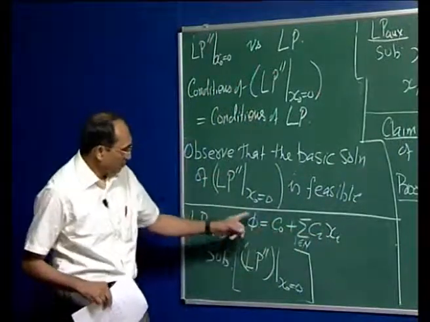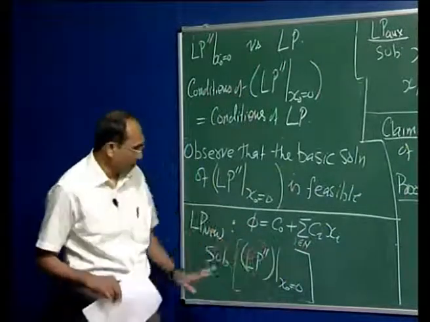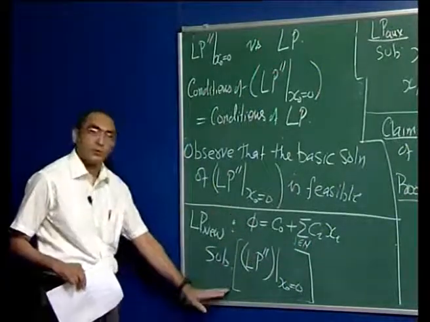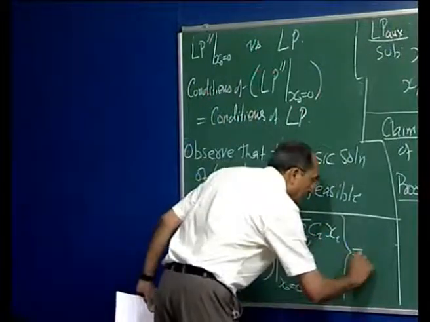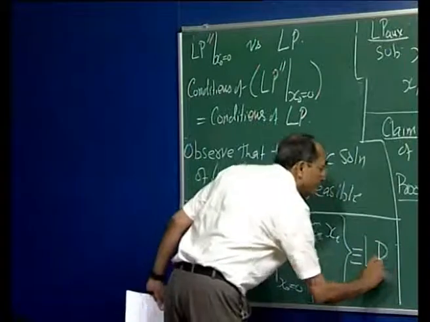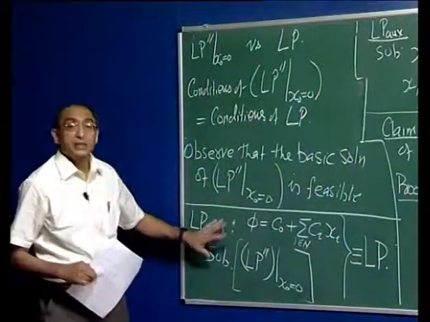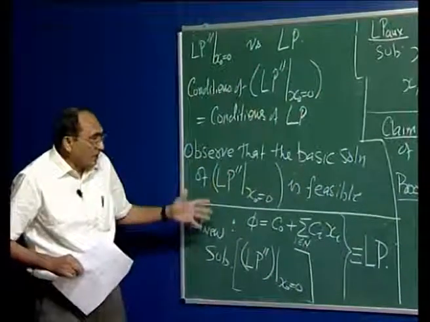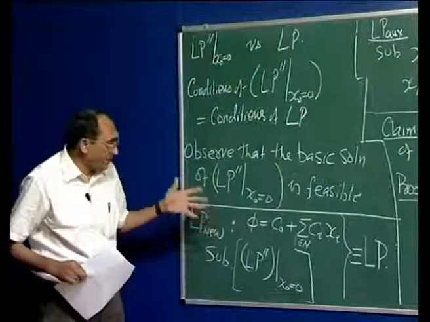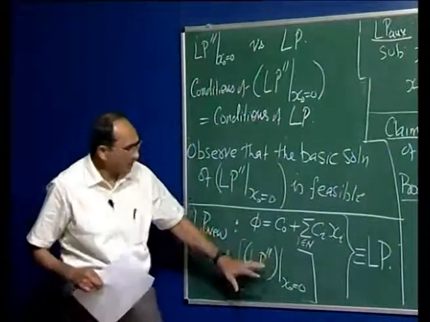So we will suitably transform this with respect to the new set of variables, and now we are ready with a new program which is completely equivalent to the original LP. But the advantage of this program is that its basic solution is feasible. And since it is feasible, at this point we'll begin the simplex program using this program and not the earlier program.